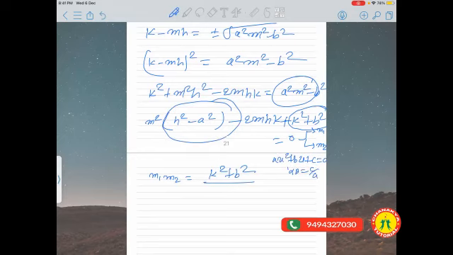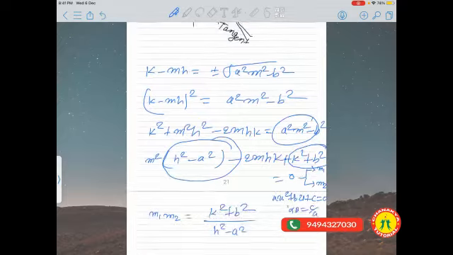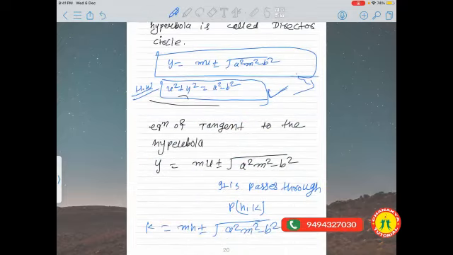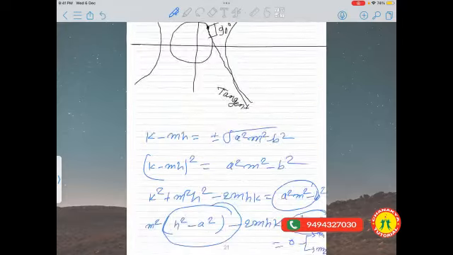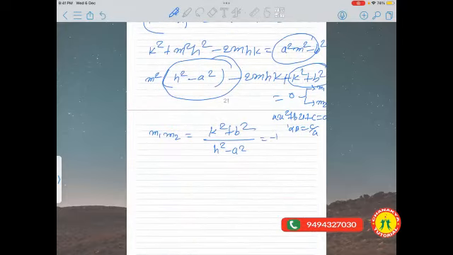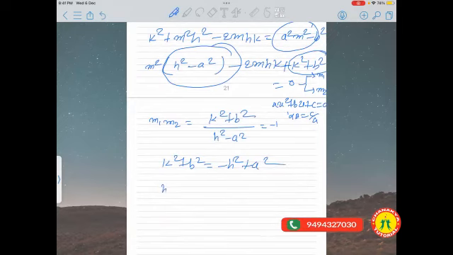So apply this, over h square minus a square. क्या गिवन है कि परपेंडिकुलर है, डिफिनेशन में ये है कि परपेंडिकुलर टेंजेंट है, इट मींस कि m1 m2 का जो प्रोडक्ट है वो -1 के इक्वल है। So m1 m2 equal to -1, so k square plus b square is equal to -h square plus a square. So after solving it, k square plus h square is equal to a square minus b square.